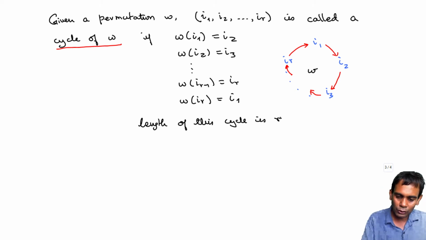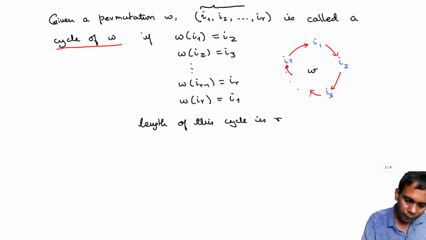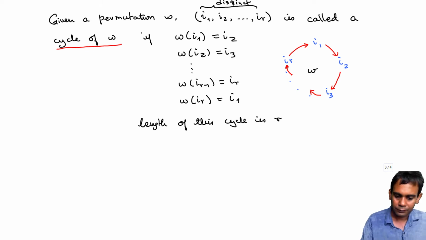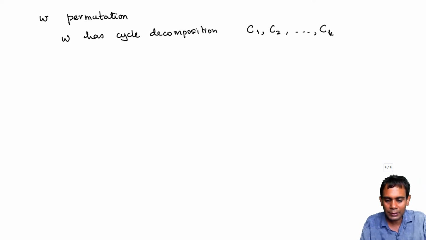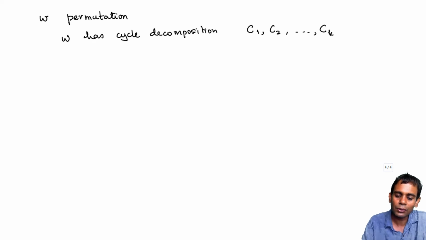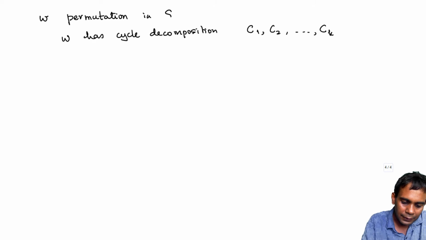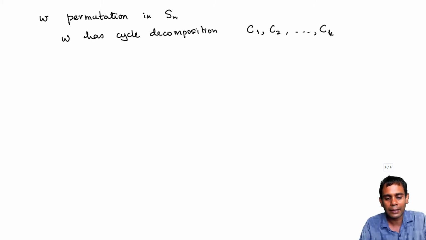Here we have to postulate that these elements are all distinct. It's implicit in this picture, but it's important. So suppose W has cycle decomposition C1, C2, Ck. The total length of all the cycles will be n, the size of the set on which W is a permutation.